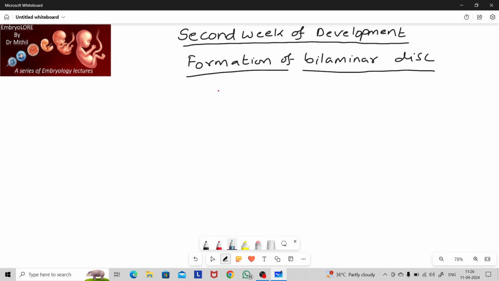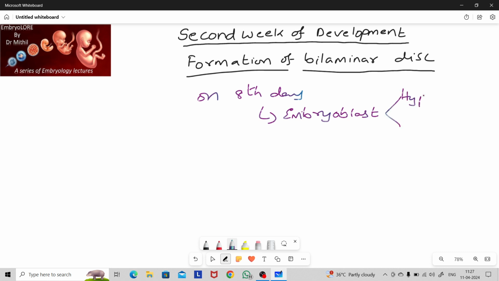So now on day 8, the cells of the embryoblast differentiate into two germ layers.